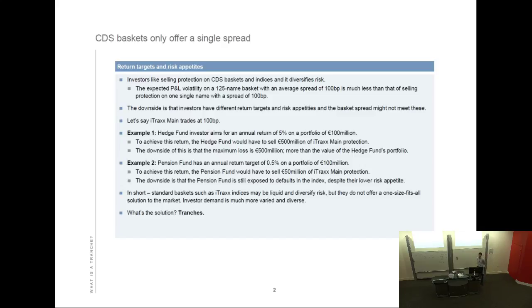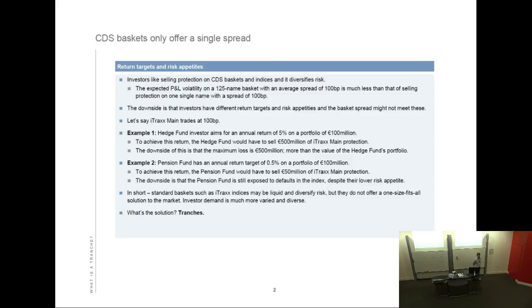If you have to invest money and you have the choice of choosing one name that you invest your money in, or investing in 100 names, each with a 100th of your money, and let's say they all have kind of the same risk profile, then you'd much rather do that, because your expected return is still the same, but your risk diversifies, right? So your P&L volatility on any basket is naturally much lower than the volatility you'd expect to get on any individual name, even though their spreads, so your returns, might be the same.